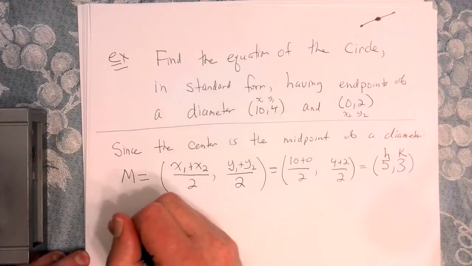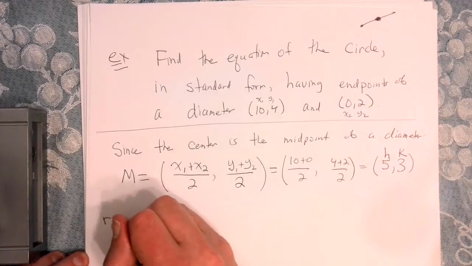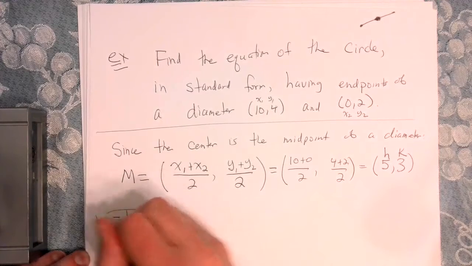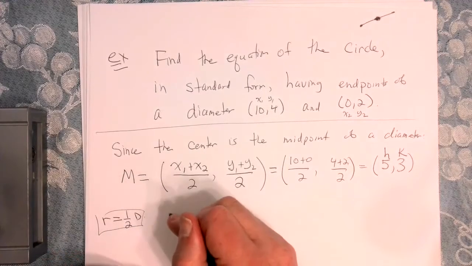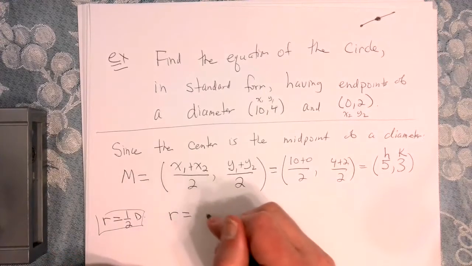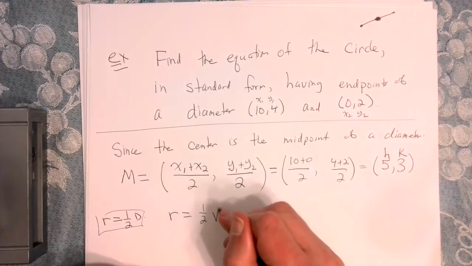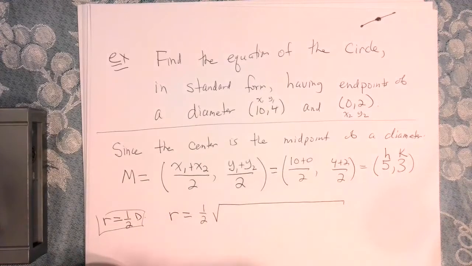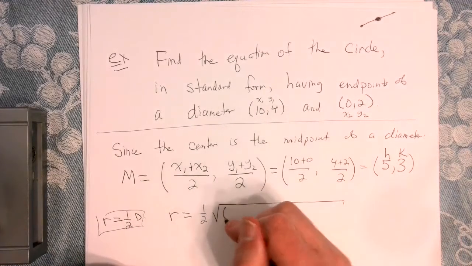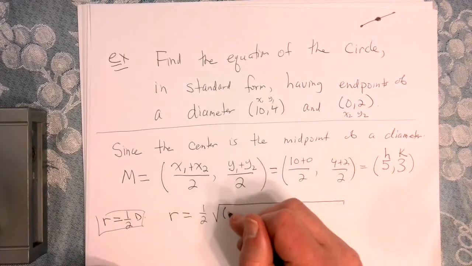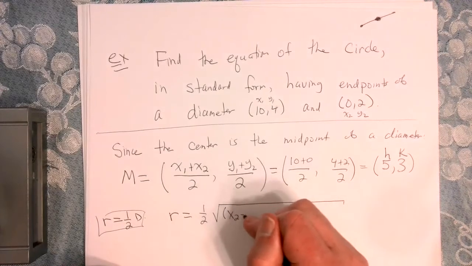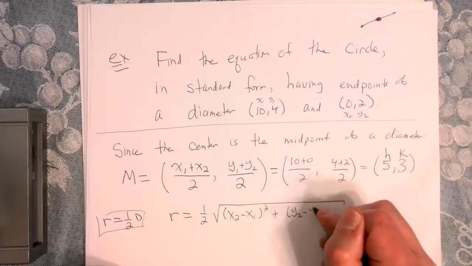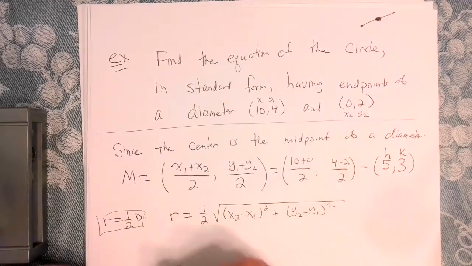So I'm going to say that the radius is equal to 1/2 of the diameter. So let's use that. We're going to use the distance formula to find the length of the diameter, and then, of course, take half of it. Let's show a little work here. We want the change in x's, quantity squared, plus the change in y's, quantity squared.